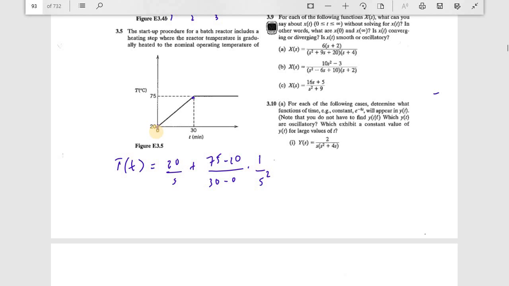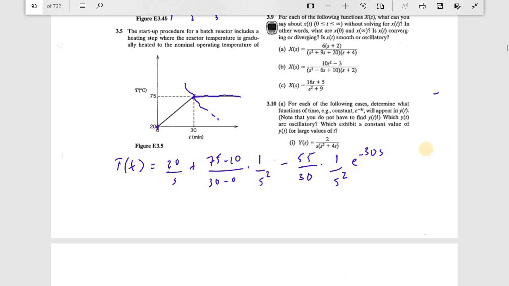So here it will be 55 over 30, and minus the same slope, 55 over 30, which happens now at e to the power minus 30 seconds. It cancels out the first slope, and as it cancels out, it goes as a straight line later.